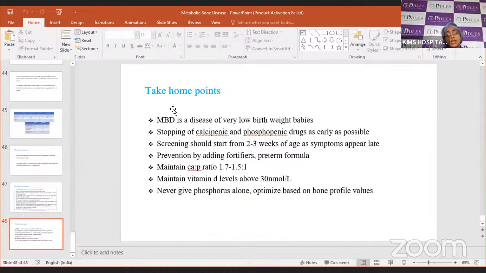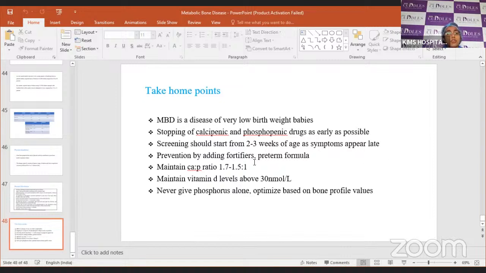So take-home points: metabolic bone disease is the disease of very low birth weight babies, and stopping of the calciopenic and phosphopenic drugs as early as possible is the most important intervention to prevent osteopenia of prematurity. Screening should start from 2 to 3 weeks of age as symptoms appear late.